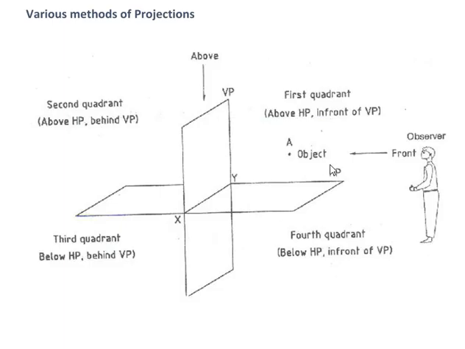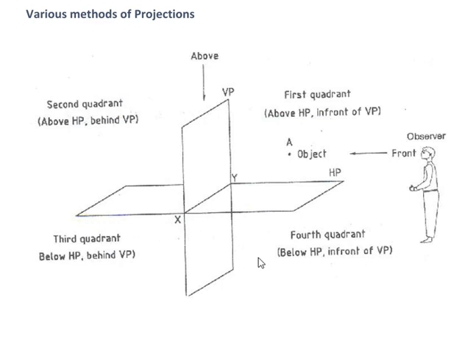So here, how do we differentiate the various quadrants? In the first quadrant, the object is placed above the horizontal plane, in front of the vertical plane. Second quadrant means the object is placed above the HP, behind the vertical plane. Third quadrant means the object is placed below the HP, behind the vertical plane. Fourth quadrant means the object is placed below the HP, in front of the vertical plane.